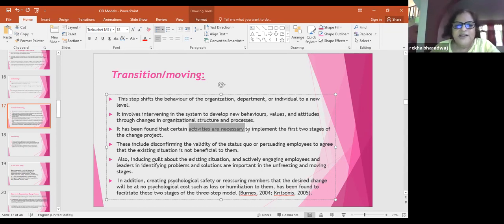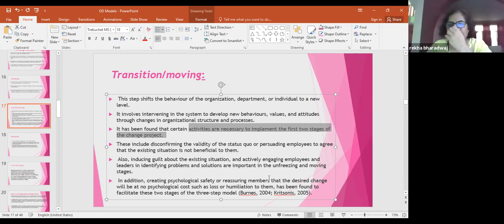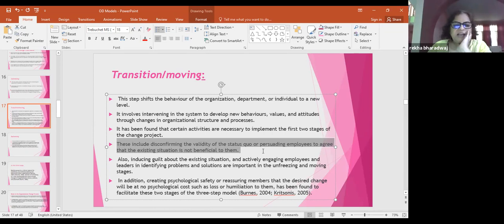And how much the trainer is more with the session than they themselves are. So these activities are implemented in the first two stages of the change project. When we do a micro lab, we definitely have a structured approach to it. And then we go on to the next part. These include disconfirming the validity of the status quo, or persuading employees to agree that the existing situation is not beneficial to them.